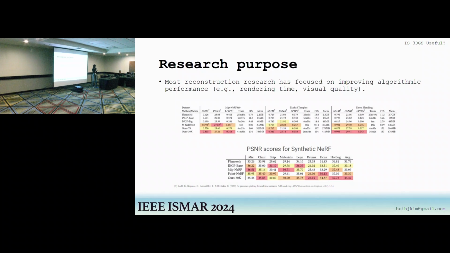This is what motivated my research. Recently, research on 3D reconstruction is increasing and many new algorithms are emerging. Most reconstruction research has focused on improving algorithmic performance, for example, visual quality, rendering time, and so on.